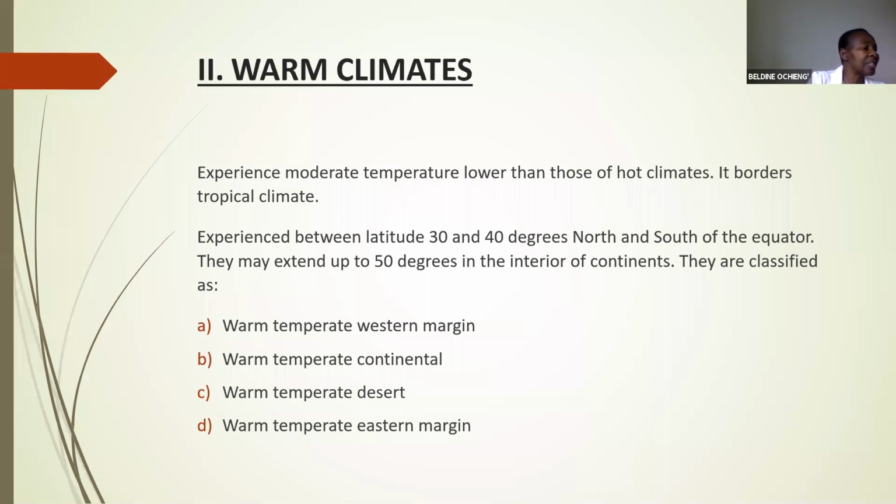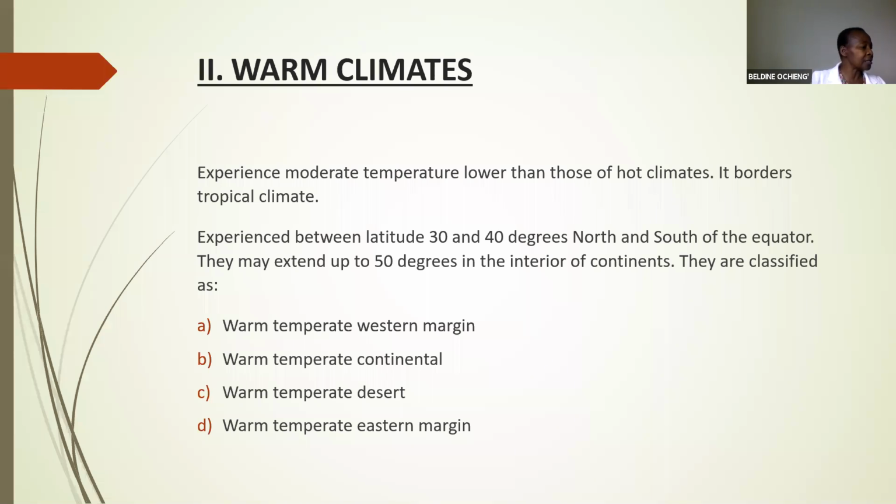They are found between latitude 30 and 40 degrees north and south of the equator. They may extend up to 50 in the interior of the continent, but along the coastal region it is 30 to 40 north and south of the equator.